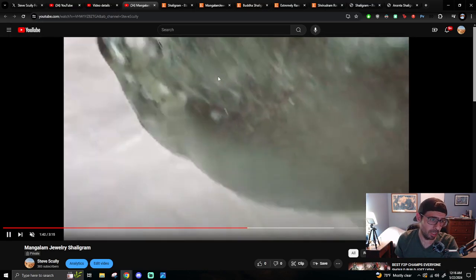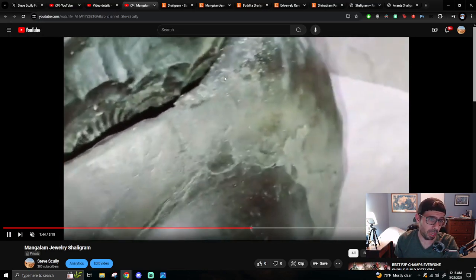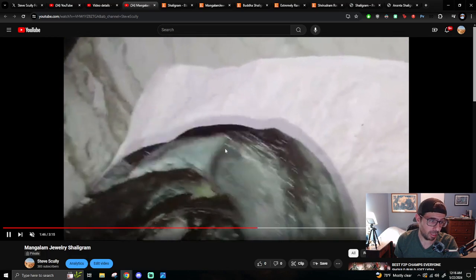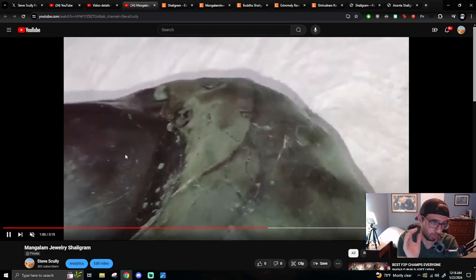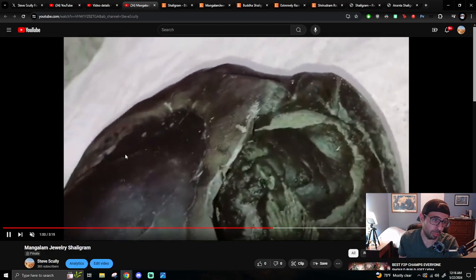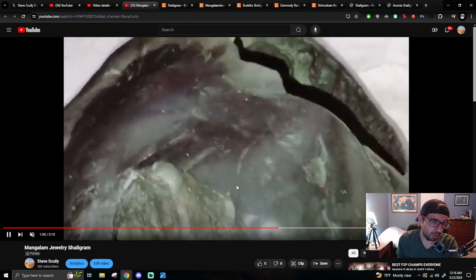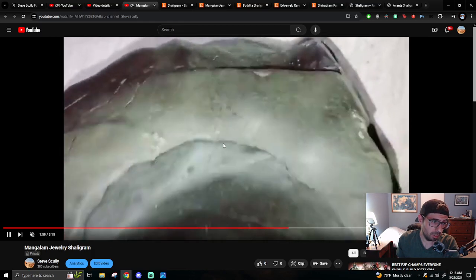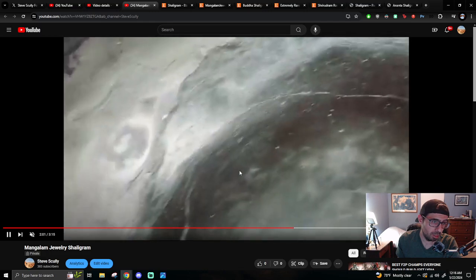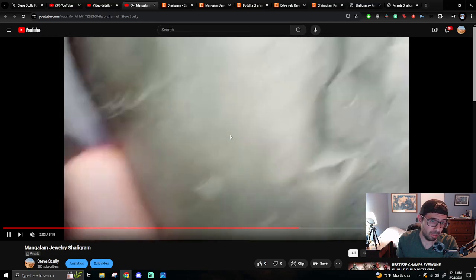I'm trying to find if we can find a path to connect the sides. This top, like an actual shale pathway around the ammonite that's still physically there. So this is the top side now.